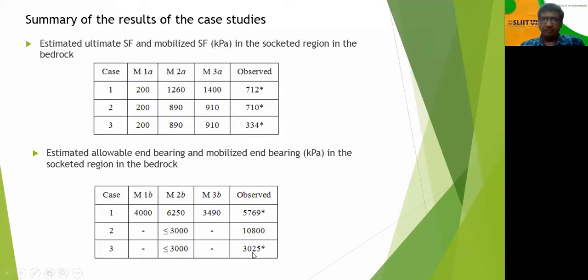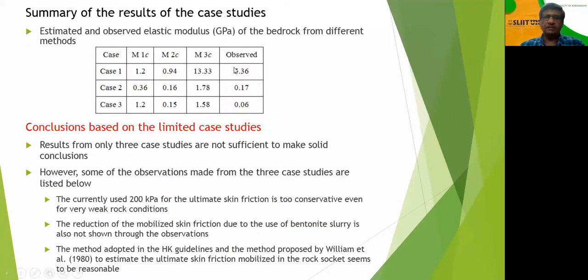And for case 3, it is still increasing, and the prediction is about 3,025, but the allowable capacity is about 3,000. This increases further at a lower settlement. So you can see the comparison here. Of course, these are the comparison of the E values that are determined.